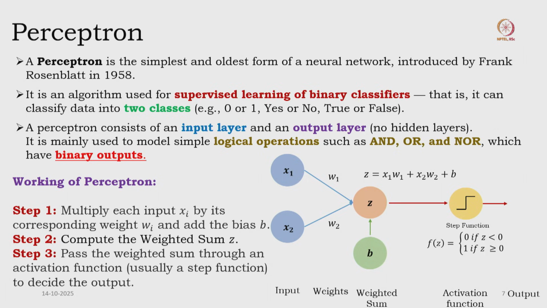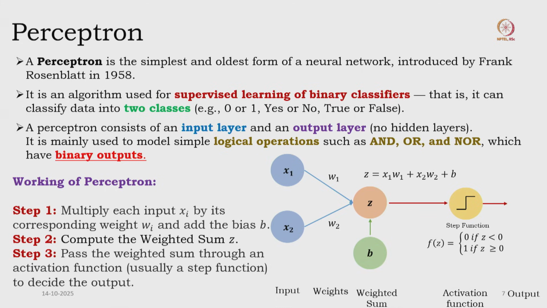If this is the case, what does the architecture of a perceptron model look like? The perceptron consists of an input layer and an output layer. There is no hidden layer in a perceptron model, so we can say it is a single layer perceptron, a term you will learn shortly.